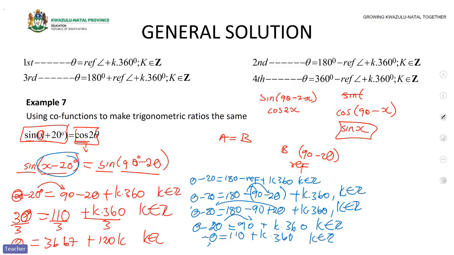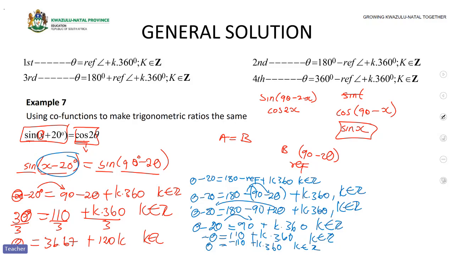Then we are going to divide by negative, then it's going to be theta equals minus 110 plus k times 360, where k is an element of all integers. So that should be our solution.